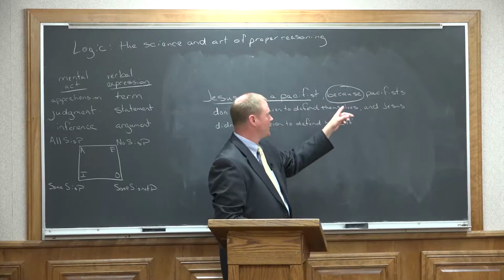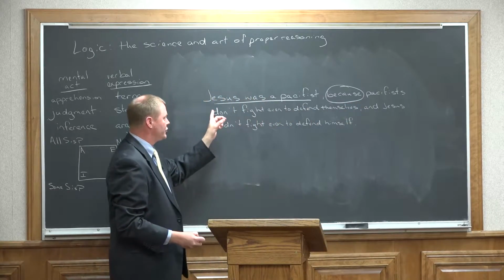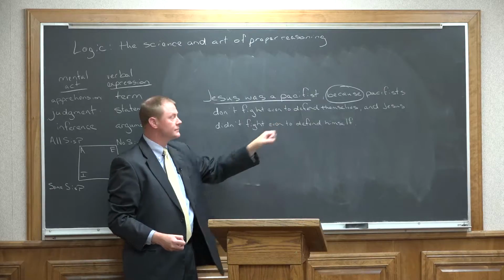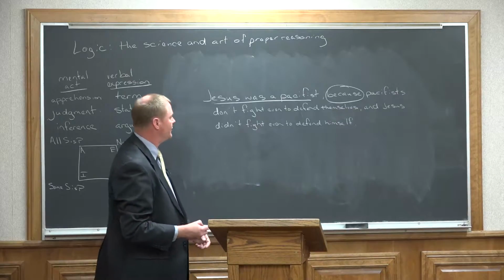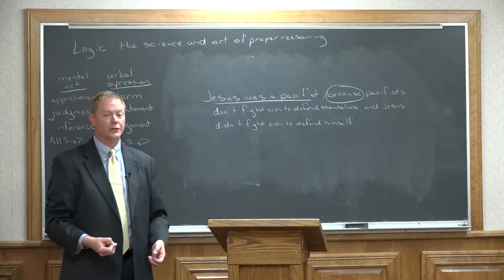But when you have a premise identifier in the middle, the conclusion comes before it. So Jesus was a pacifist is the conclusion. Because pacifists don't fight even to defend themselves, and Jesus didn't fight even to defend himself. Those are the two premises.